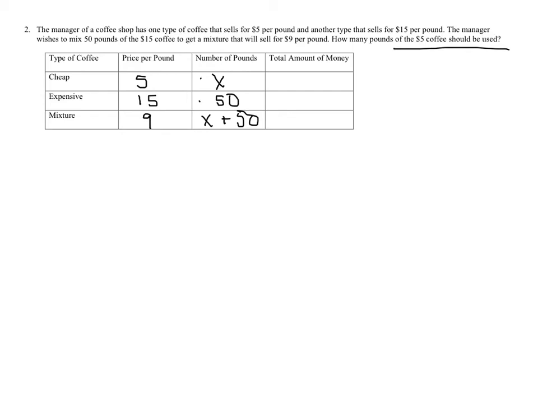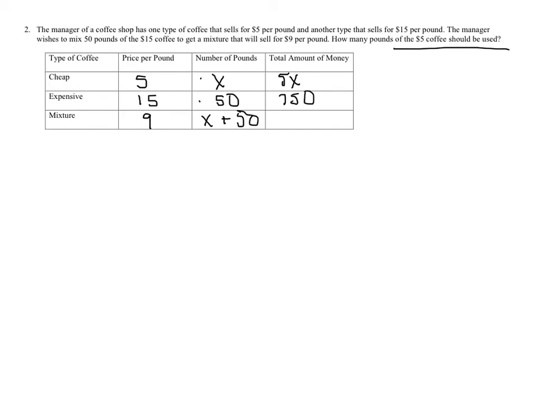Now the total amount of money invested in the cheap would be 5x because it's $5 a pound times x pounds. The total amount of money invested in the expensive would be 15 times 50, which would be 750.